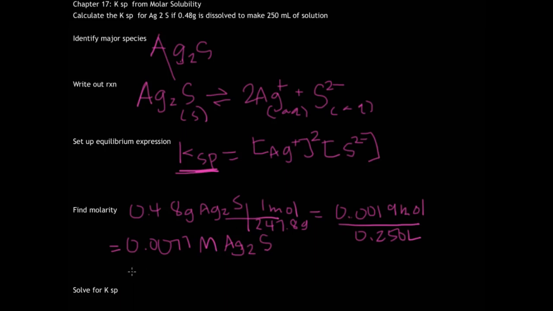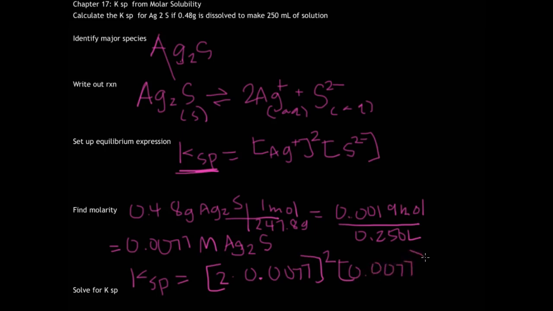Now be careful. So KSP is going to equal, remember that you have double the silver ion, so you have to take this number for silver and multiply it by 2, because every time this salt breaks down, it breaks down into 2 of the silvers. Okay, and then the sulfide is just 1 of the ions.